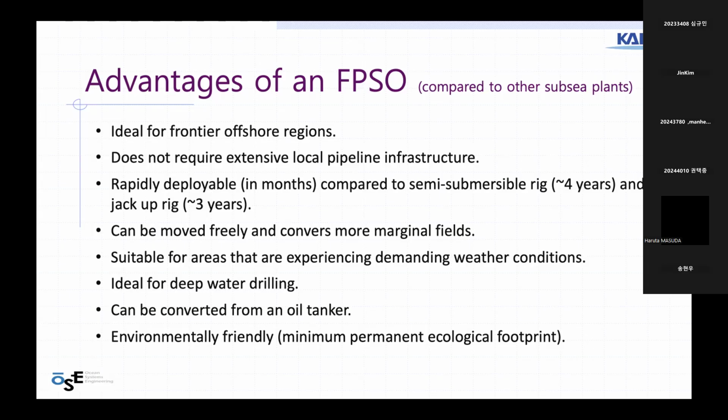And since it can move to other seas, it is suitable for areas with demanding weather conditions like storms. It can be economically advantageous because it can be converted from an oil tanker, and it is environmentally friendly because it leaves a minimal ecological footprint, unlike other means.